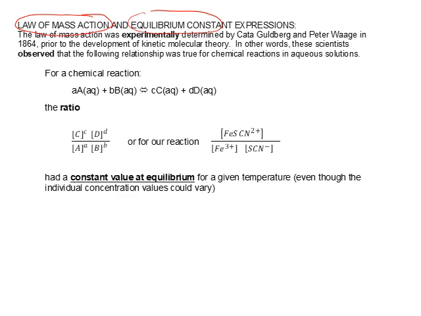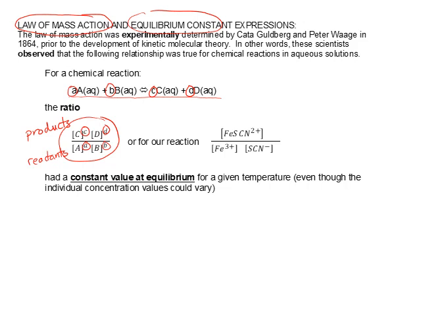For a generic chemical reaction of A plus B going to C plus D, the ratio that gives the concentrations of the products raised to the power of their coefficients in the balanced chemical equation divided by the concentrations of the reactants, also raised to the powers of their coefficients in the balanced chemical equation, turns out to be a constant.